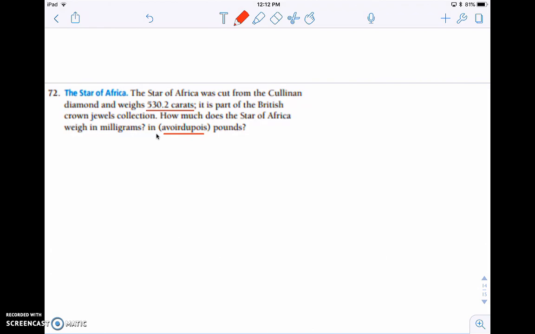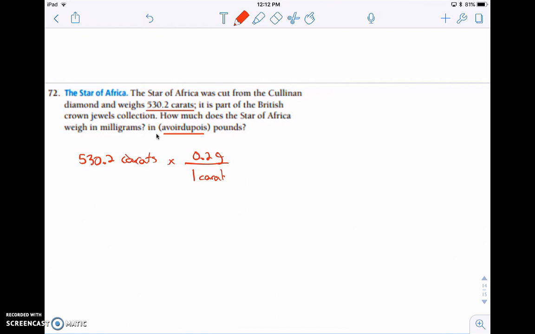But if we look at our carats, we have 530.2 carats, and I'm going to run out of time here, so I'm going to have to hurry a little bit through this one. But first I want to convert to milligrams. If you look up in the table, then we get this conversion, that 1 carat weighs approximately 0.2 grams.